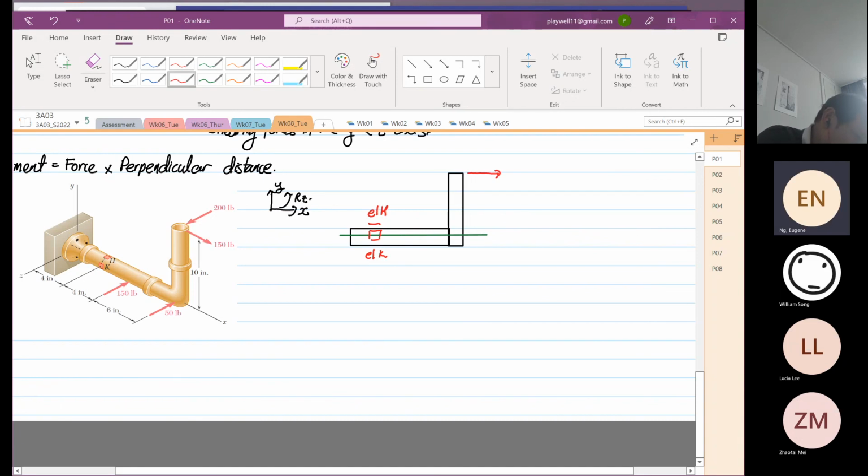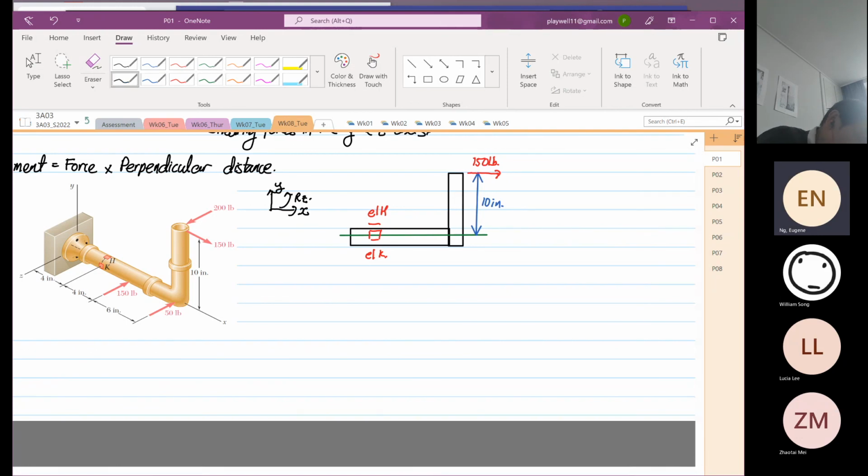And this is 150 pounds. So for this case, we know that the force is 150 pounds, and the distance from here to here is 10 inches.